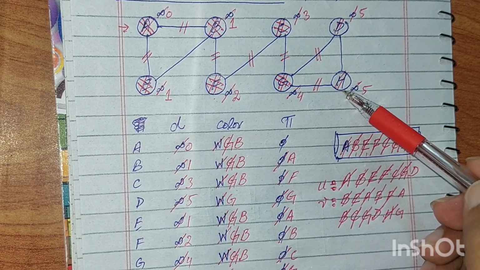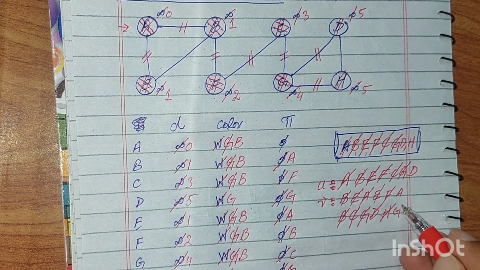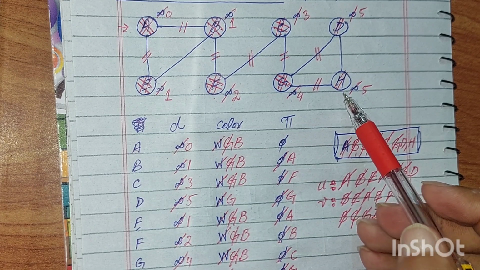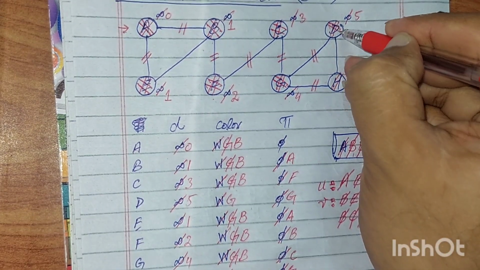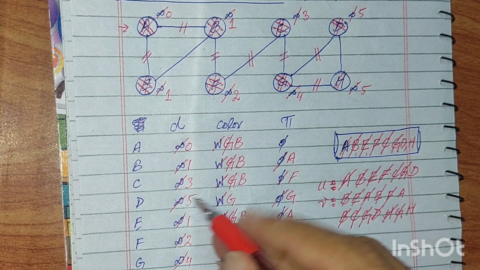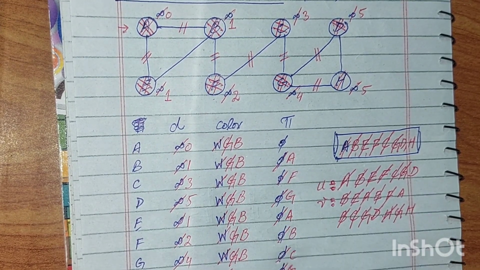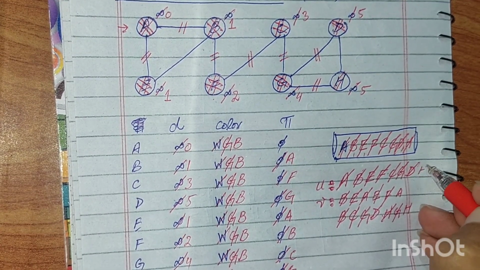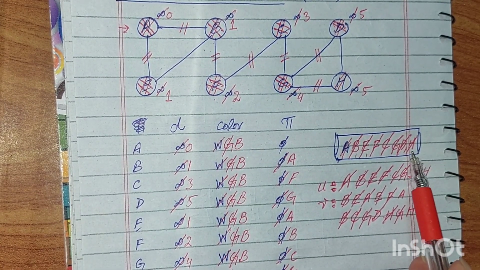Then there is another neighbor of D, that is H, so it is also not white, so we will skip it. We mark D as black, and we'll continue with the new vertex, that is H, extracted from the Q.